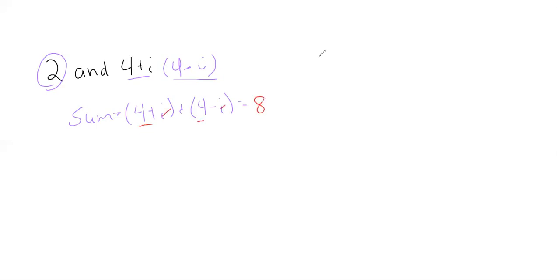The i's cancel. All right, good. Now we're going to go back and find the product. That's 4 plus i times 4 minus i. If I multiply those out, I'm going to get 16 minus i squared, which is 16 minus minus 1, which is 17.